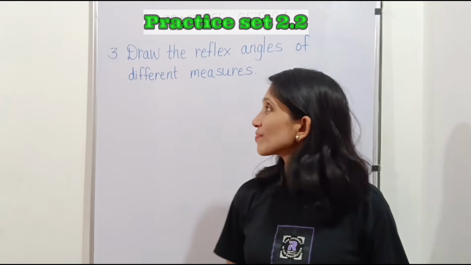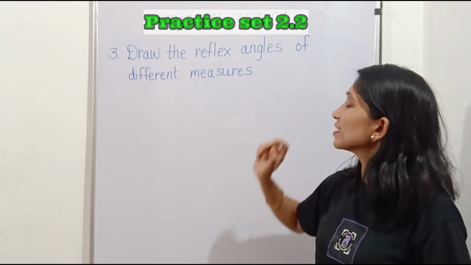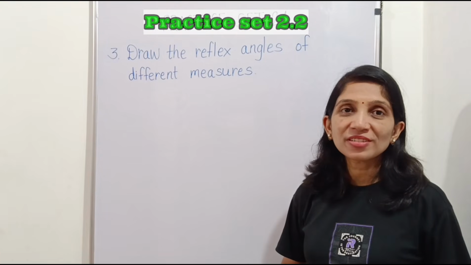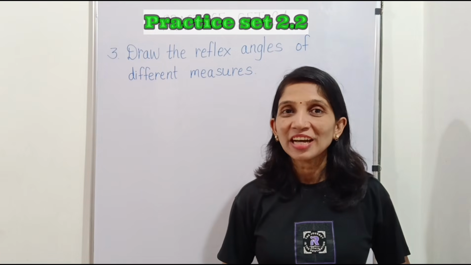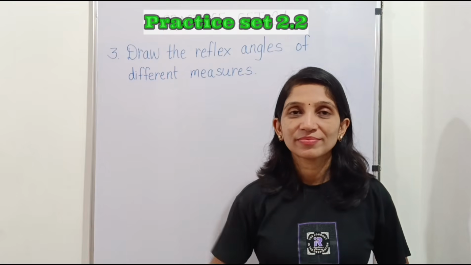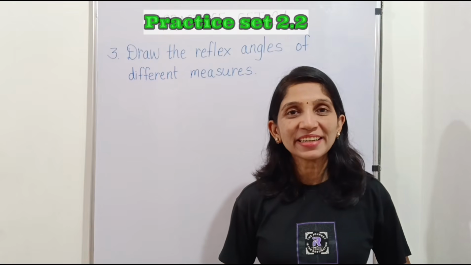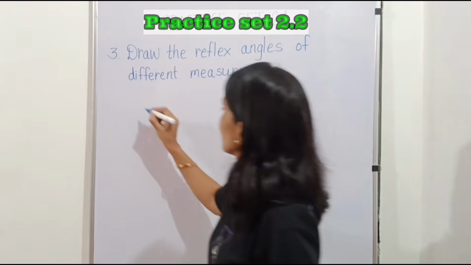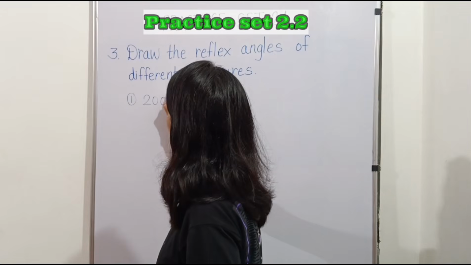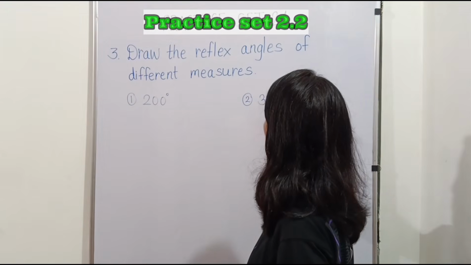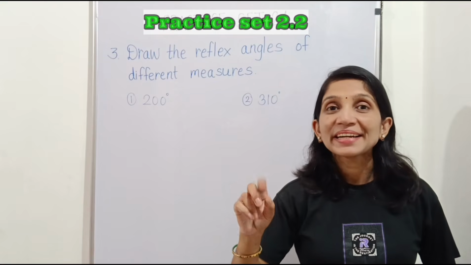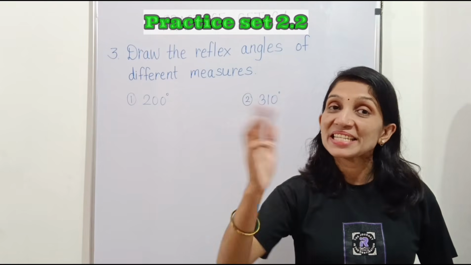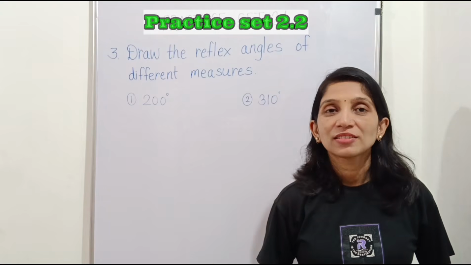Case 3. Draw reflex angles of different measures. Here I am taking two suspects: 200 degrees and 310 degrees. A reflex angle is greater than 180 but less than 360 degrees.